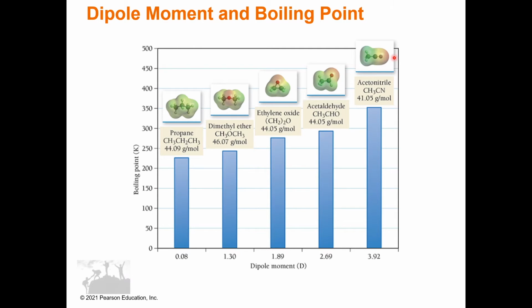So this dipole moment is the greatest out of the 5. And because of that, its boiling point is the highest out of the group. Even though the molar masses are relatively the same, acetonitrile would have the highest boiling point because it has the highest dipole moment.